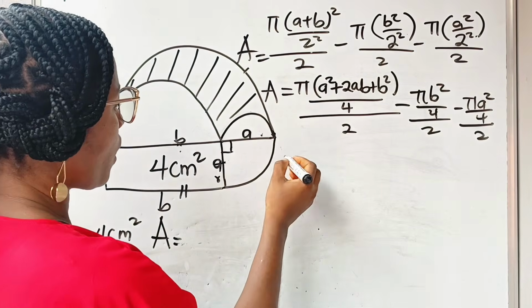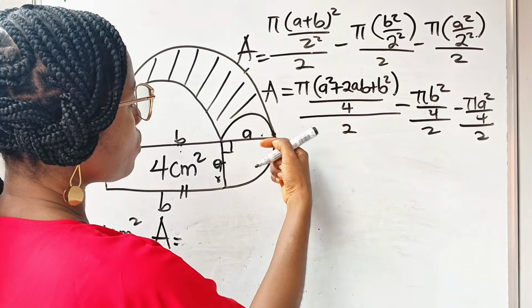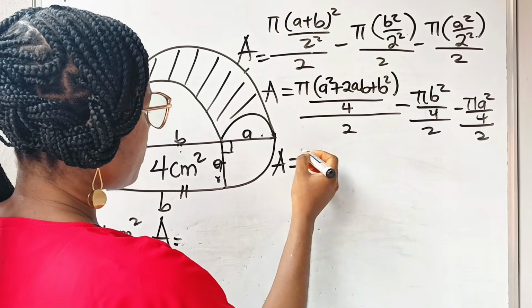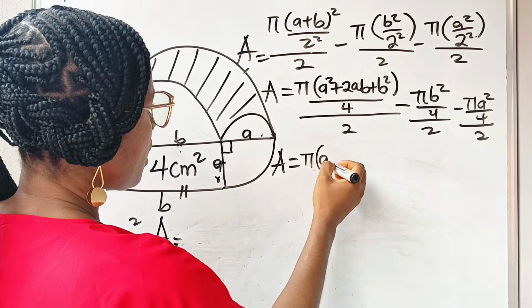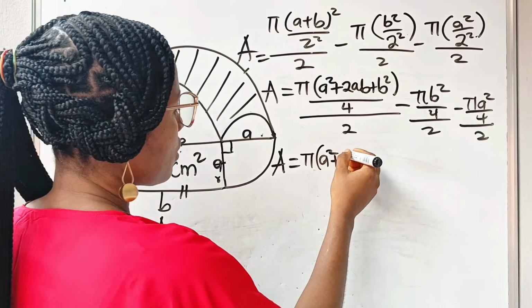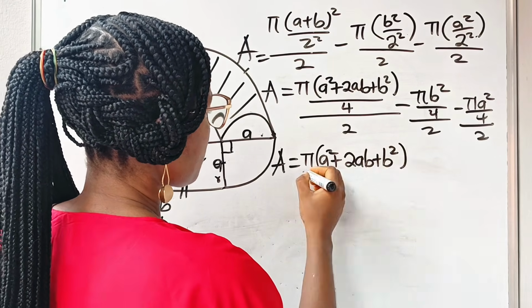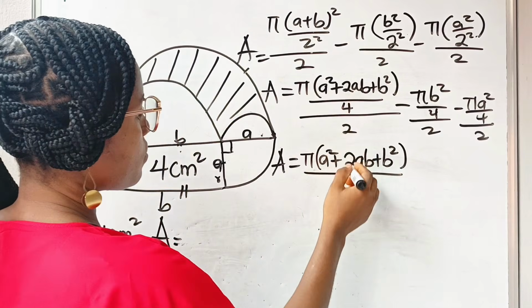Okay, so the area is equal to, we are going to open this bracket, or let's bring these things down. All right, so this same thing as pi bracket A squared plus 2AB plus B squared divided by, this will be 4 times 2, 8, right?